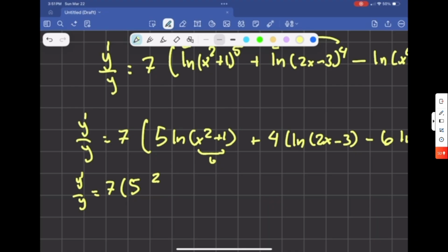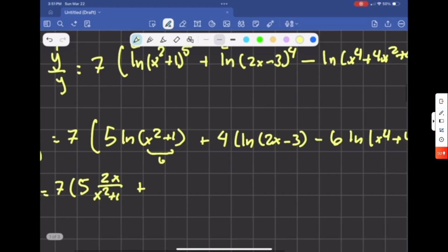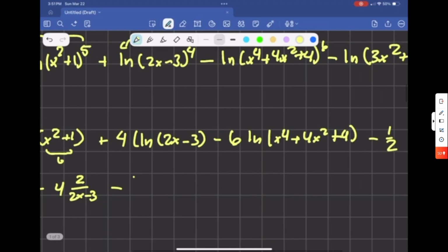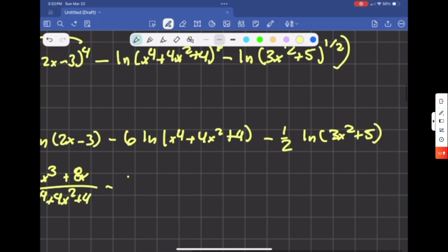In which case, the derivative of this is simply 5 times 2x over x squared plus 1, plus 4 times 2 over 2x minus 3, minus 6 times 4x cubed plus 8x over x to the 4 plus 4x squared plus 4, minus 1/2 times 6x over 3x squared plus 5.